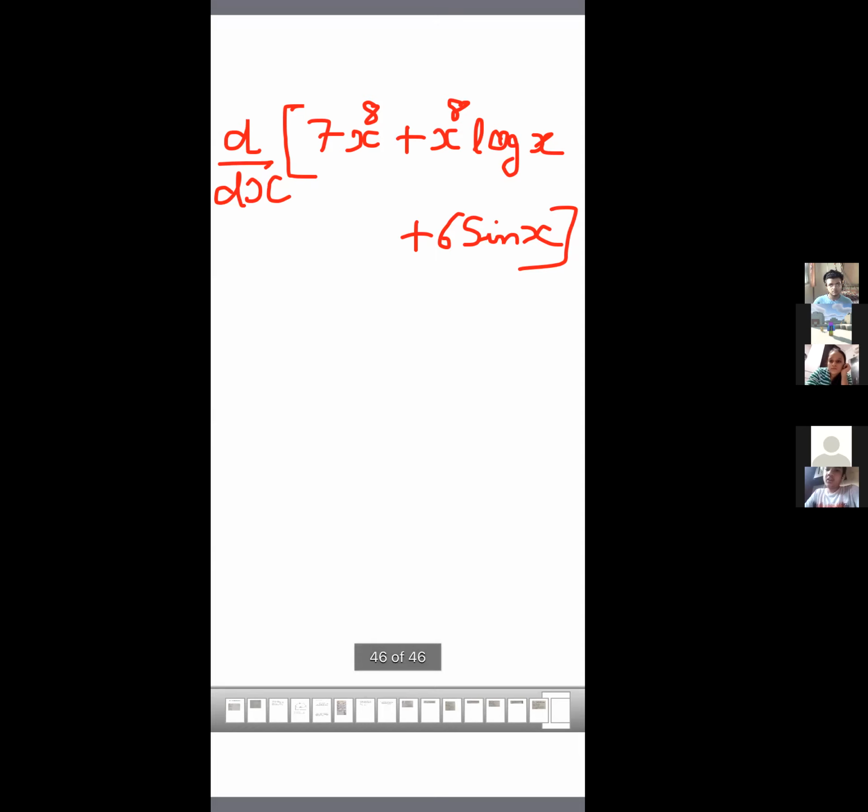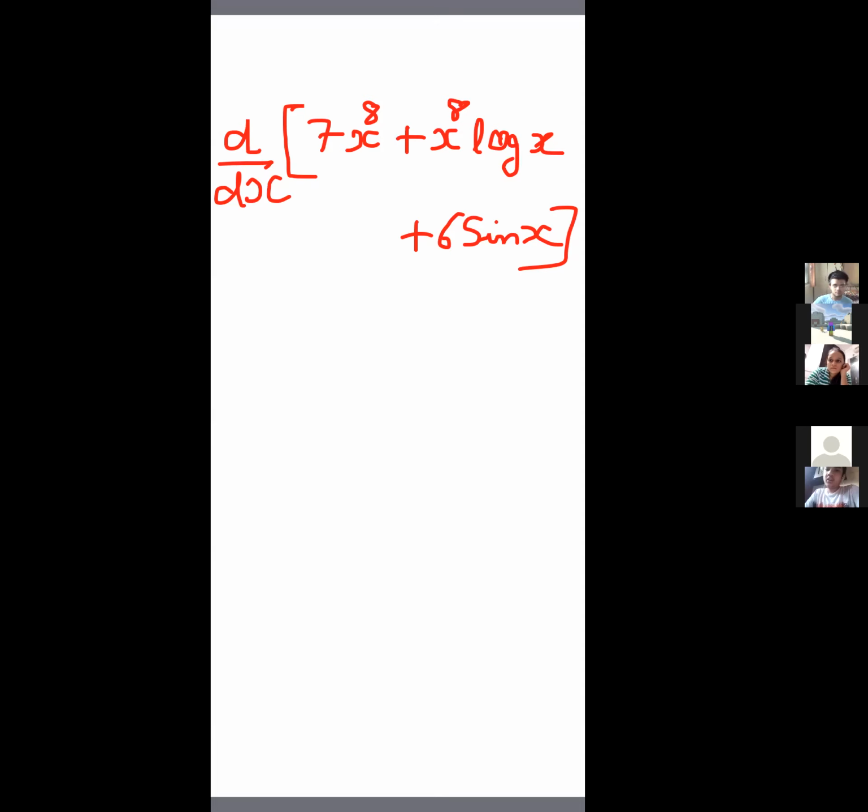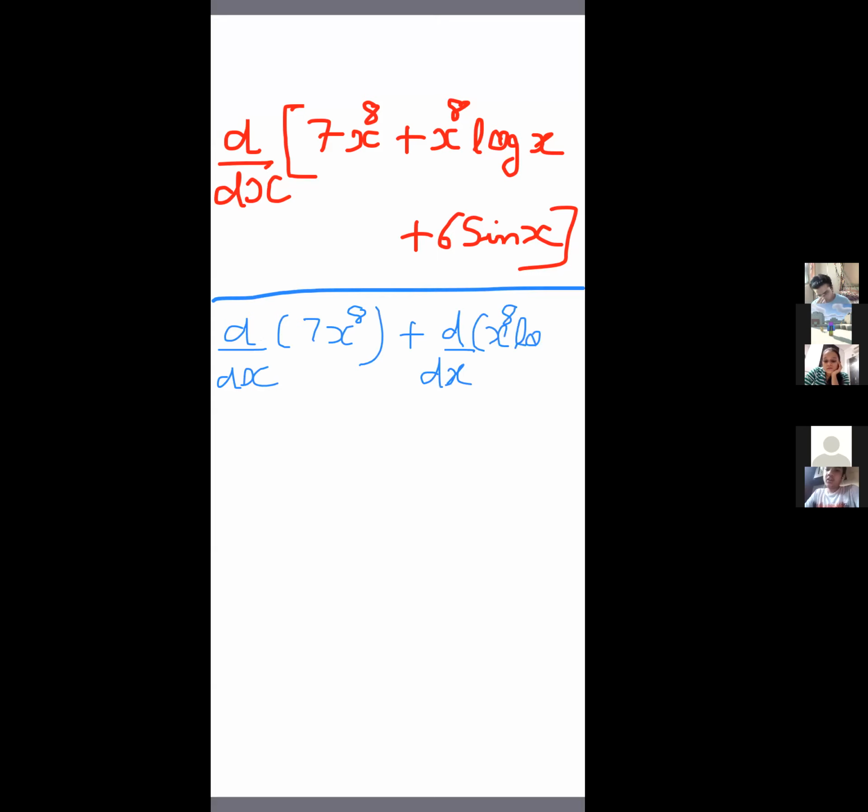Okay, time up. Now listen. Again, I can split this into d by dx of 7x power 8 plus d by dx of x power 8 log x plus d by dx of 6 sin x.